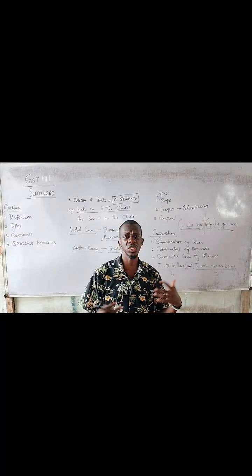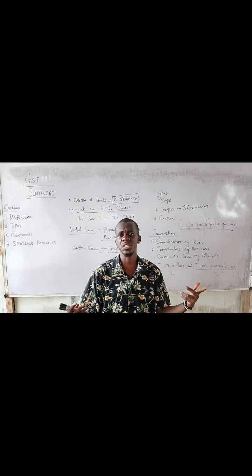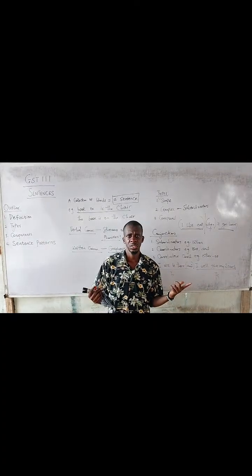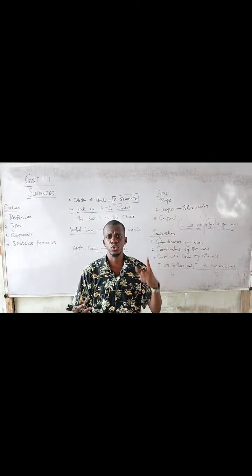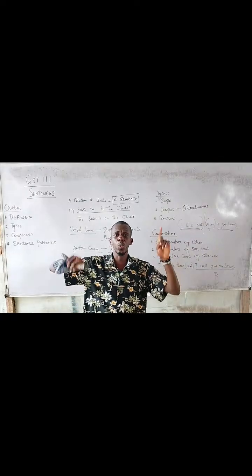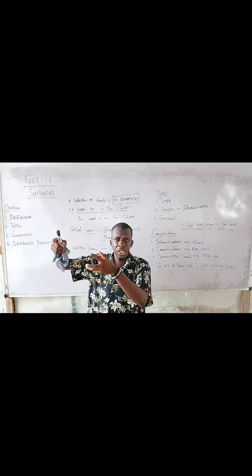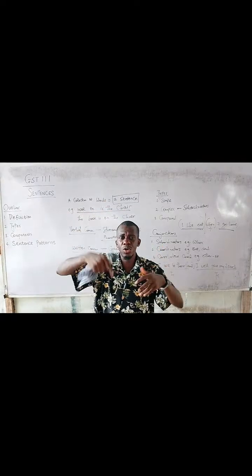What happens in either of them is that the number of clauses now increases. For a compound complex sentence, you could have two independent clauses joined by means of a coordinator and one dependent clause joined to the compound part by means of a subordinator.